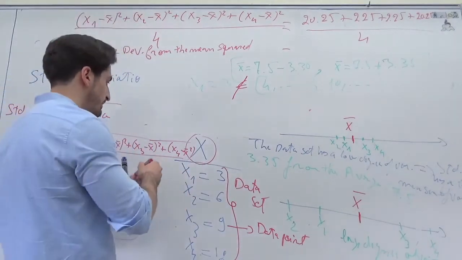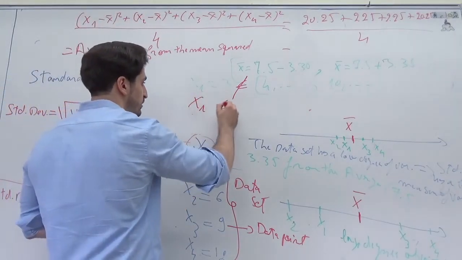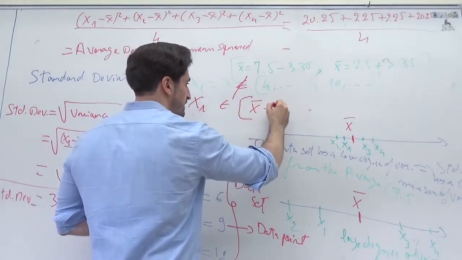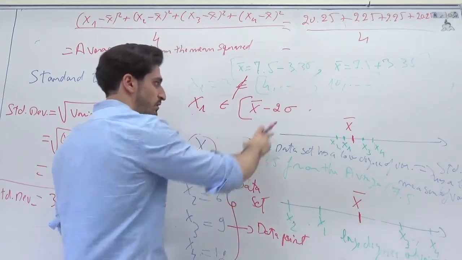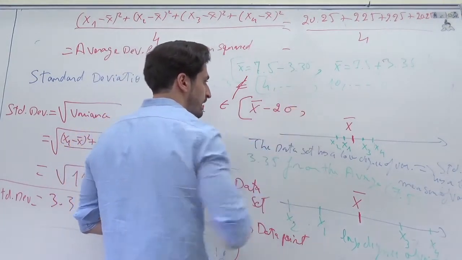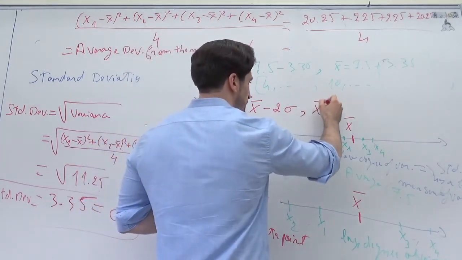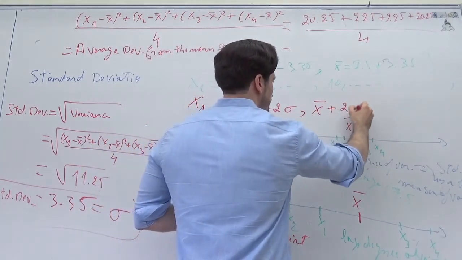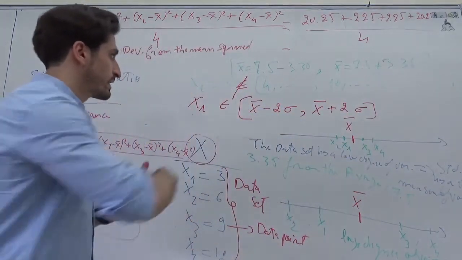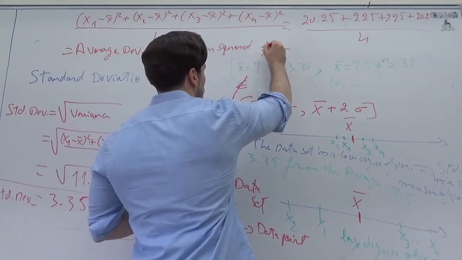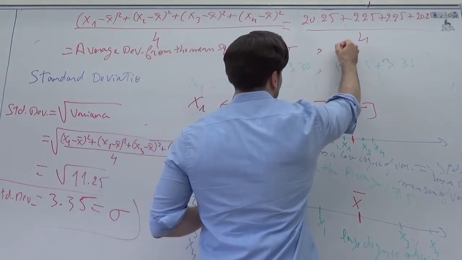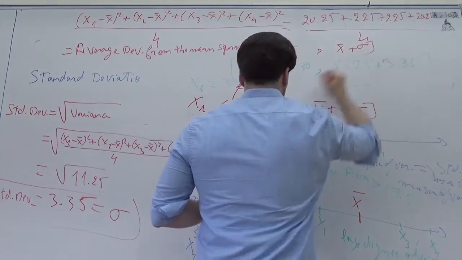So in that case, x1 is located in the interval x bar minus 2 times sigma, so we have multiplied 3.35 by 2, and the other end of the interval is x bar plus 2 times sigma. Whereas over here we had x bar minus sigma, and over here x bar plus sigma.